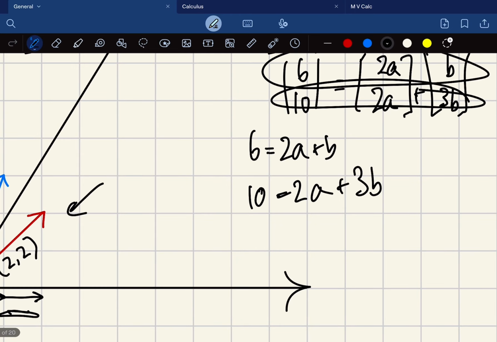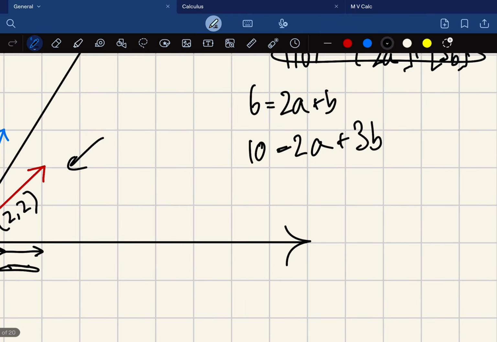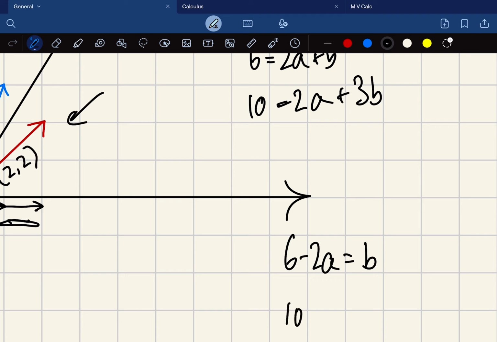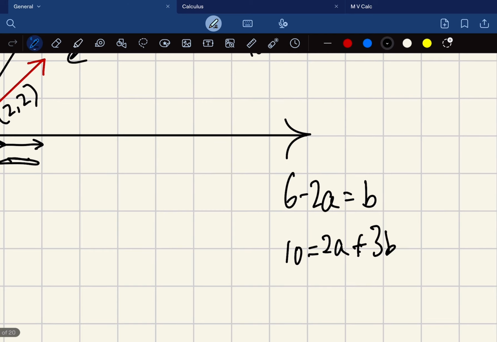So this is just a standard system of equations. So in order to start solving this, we will subtract 2a from both sides. We get 6 minus 2a is equal to b. And now plugging that b value into this equation right here, we get that 10 is equal to 2a plus 3 times 6 is 18, minus 3 times 2 is 6a.